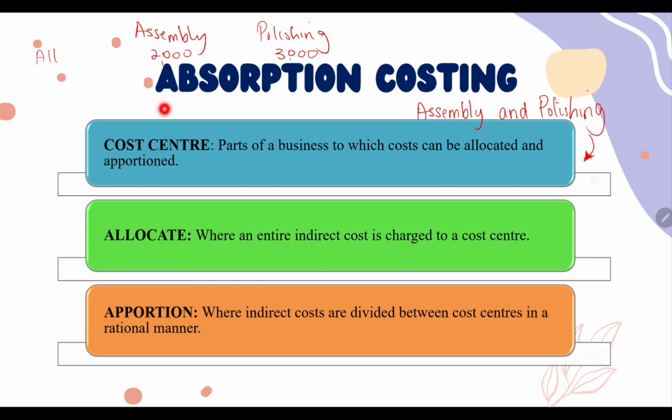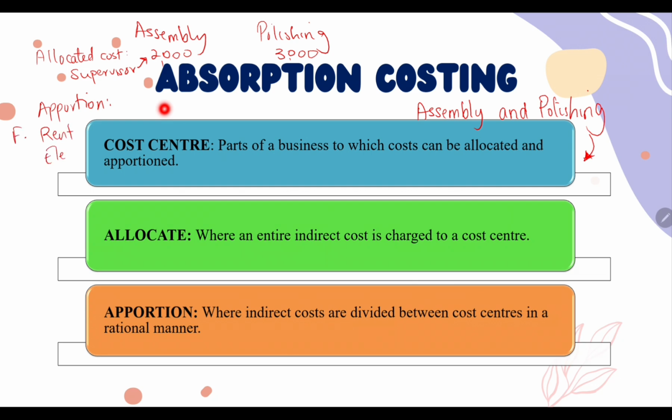So these are allocated costs, more specifically the supervisor. But then we have costs that have to be apportioned. A portion means it has to be shared out, like rent, more specifically factory rent.